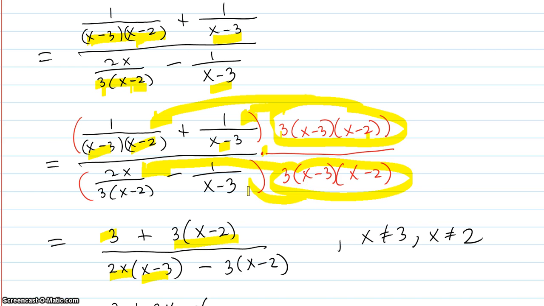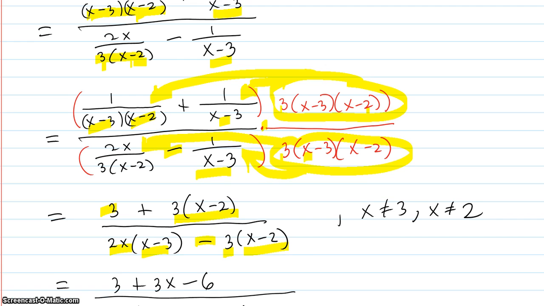Then you're going to hit it onto this fraction. And when you do that, you can see that the x minus 3 is going to cancel out here and here. And all that's going to be left is a 1 times 3 times x minus 2. And it was a subtraction, so we bring that there.